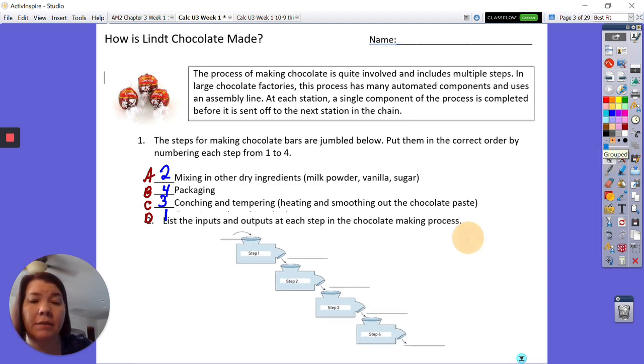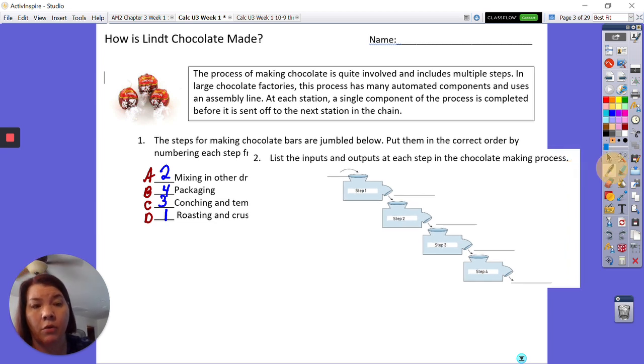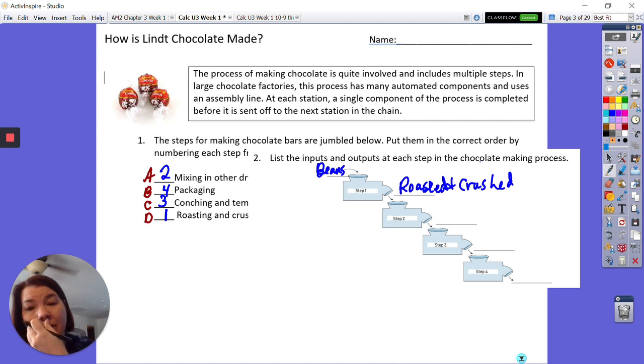All right. So list the inputs and outputs at each step in the chocolate making process. The very first thing we start with is cocoa beans. So we start with beans, and then out come roasted and crushed beans. Next, we mix in other ingredients.